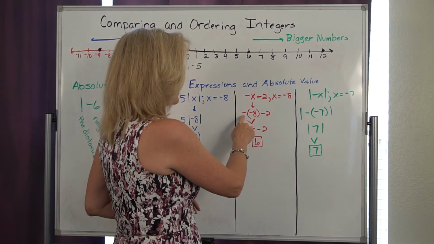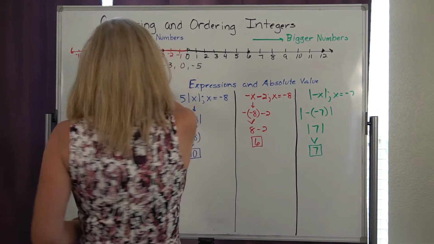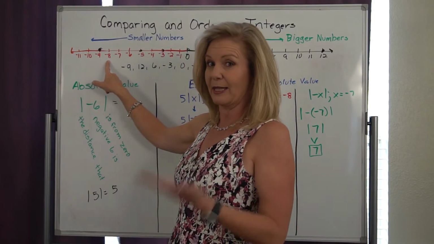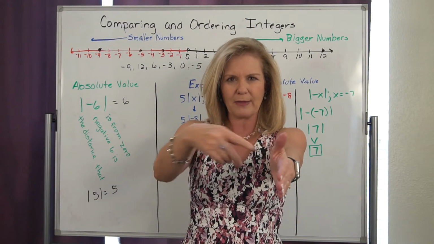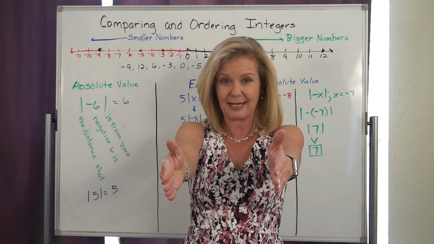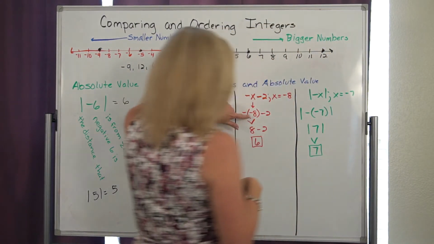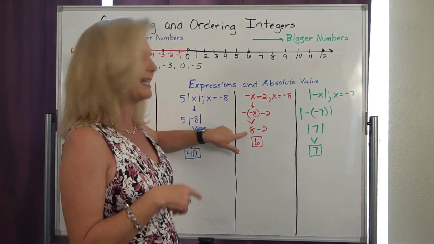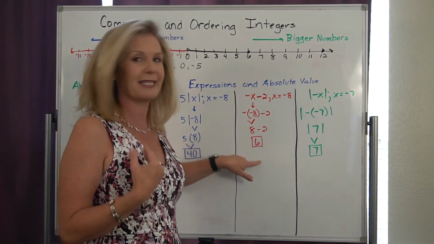Now, what is the opposite of negative 8? Well, if I'm down here and I'm at -8 and I want the opposite, it means it's that mirror image. So what number on the positive side is looking straight at that -8? It's got to be the +8. So I'm going to substitute the opposite of -8 is 8. Now I can solve this. 8 minus 2 is 6.